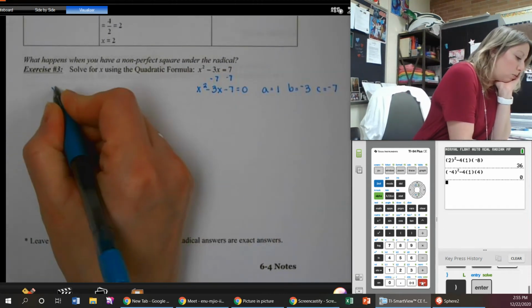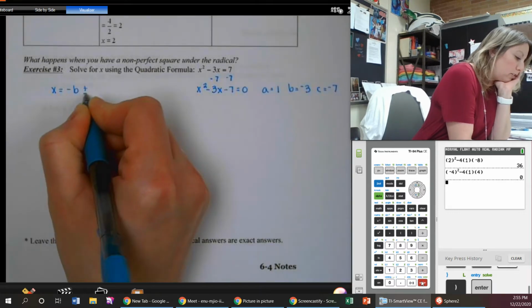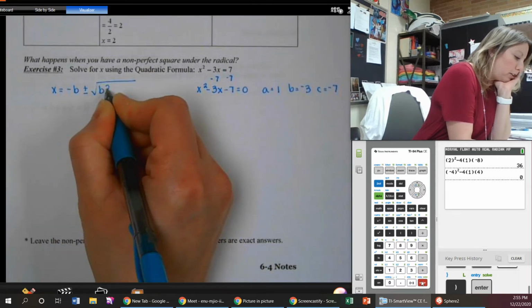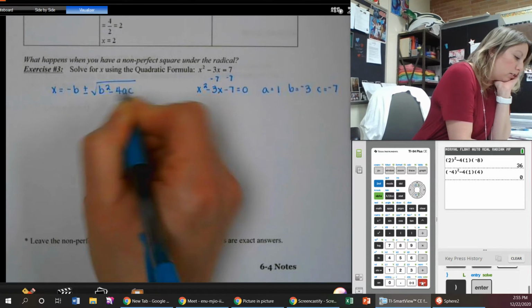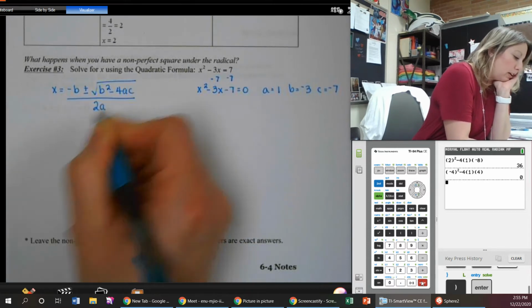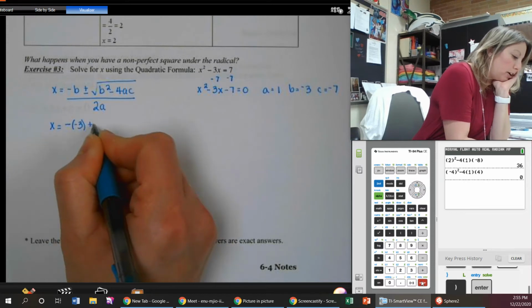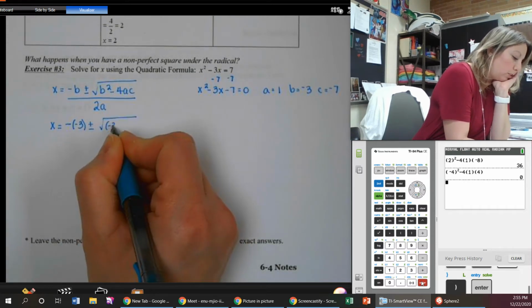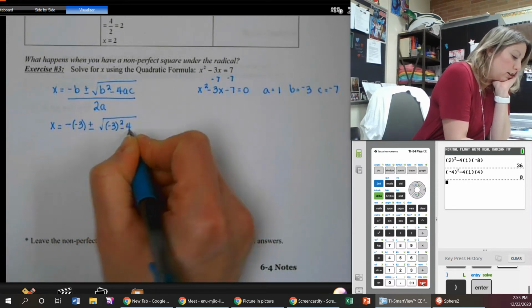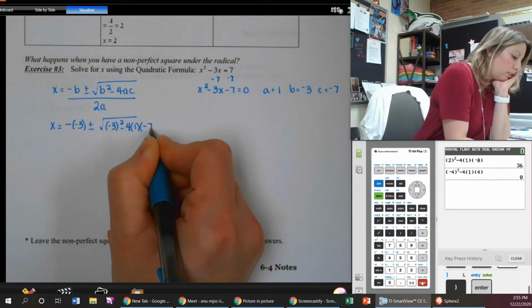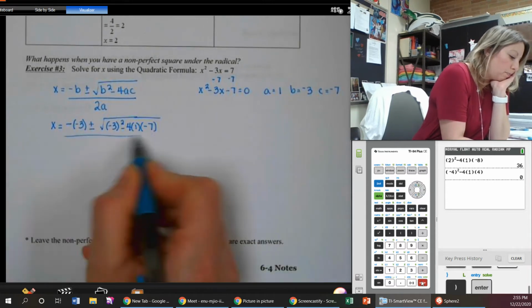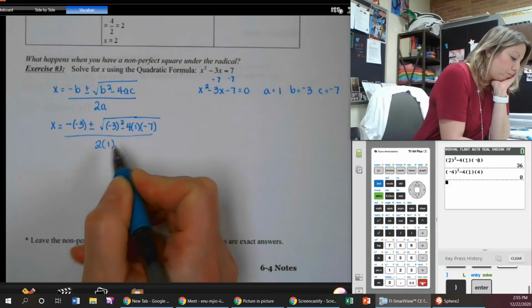So now x equals -b plus or minus the square root of b squared minus 4ac, all divided by 2a. And now let's plug in. So negative of -3 plus or minus the square root of -3 squared minus 4 times 1 times -7. Okay, so that back will be positive, all divided by 2 times 1.